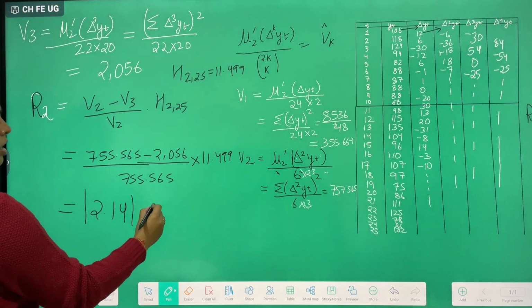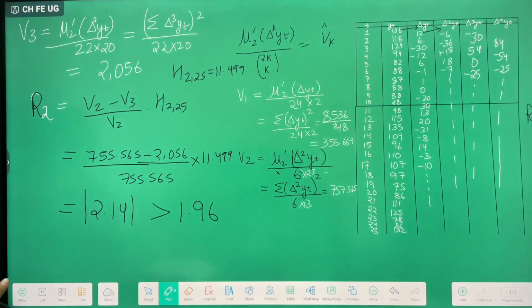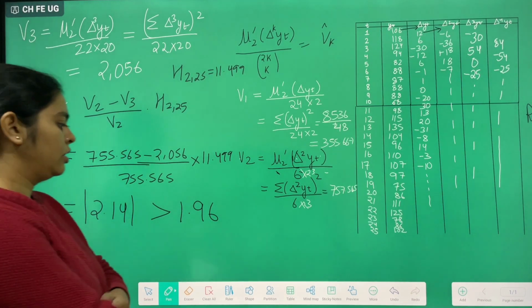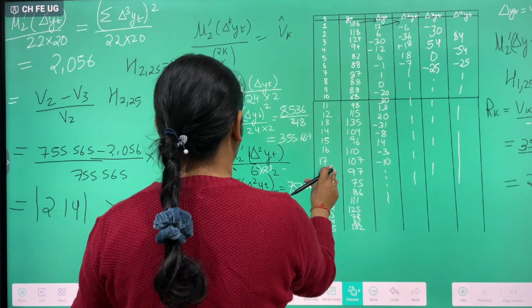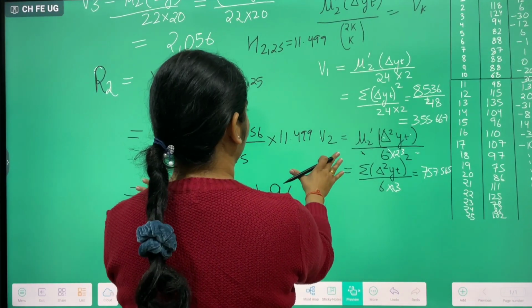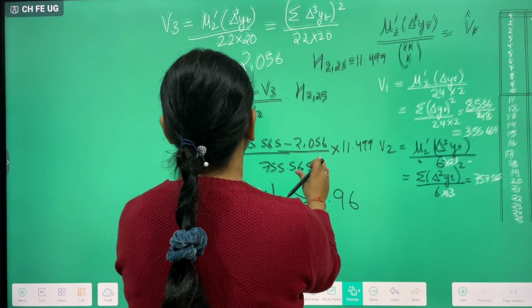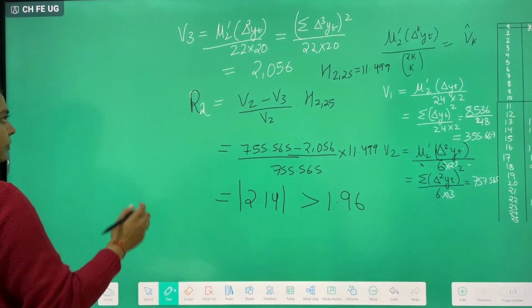Modulus of R2 is again greater than 1.96, and hence we have to calculate V4. So for V4 again, I am calculating V4 now.